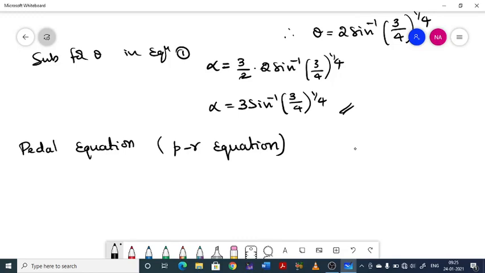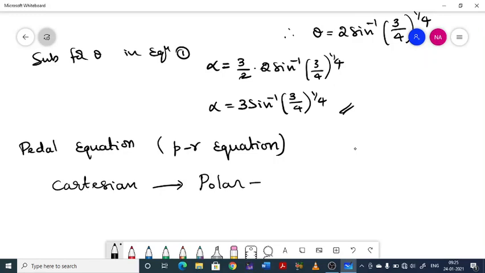We have already discussed two types of coordinate systems. One is the Cartesian coordinate system, which you have studied in our previous course. In this course we have not discussed it. And the polar coordinate system. So from Cartesian we jump to the polar coordinate system.